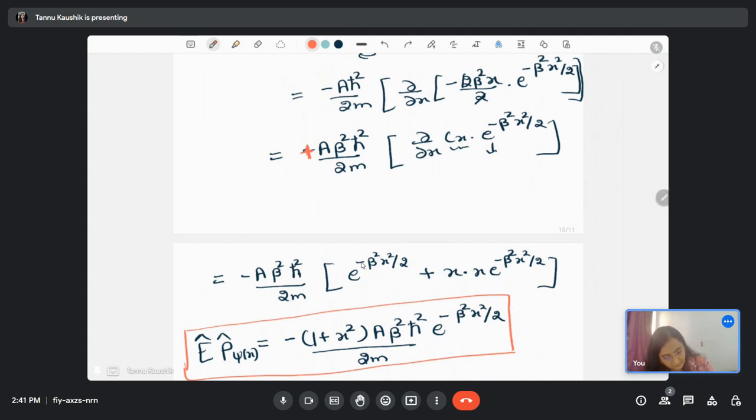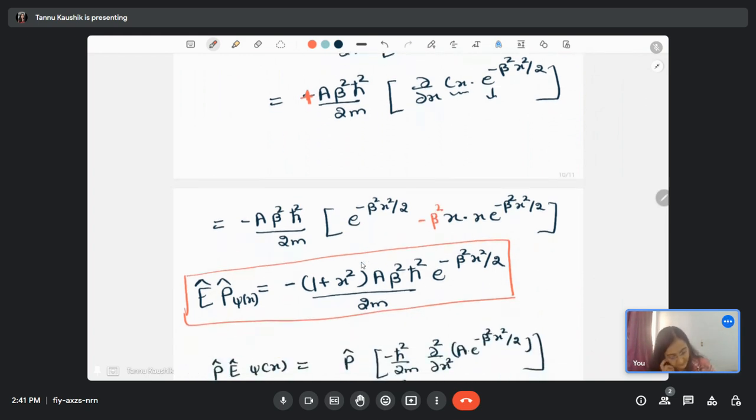Okay, then again here also I will get minus beta square.